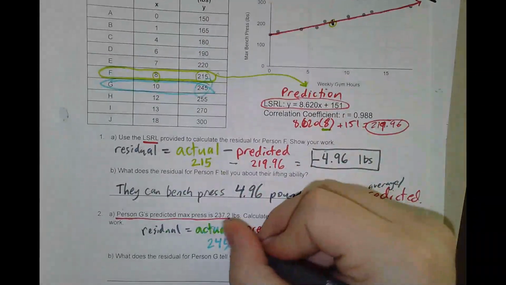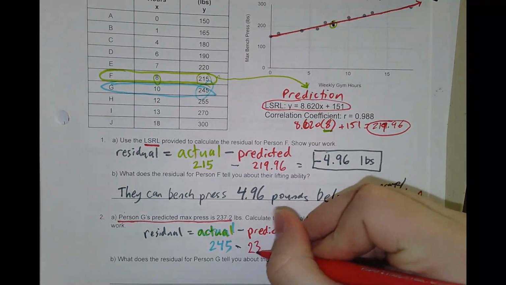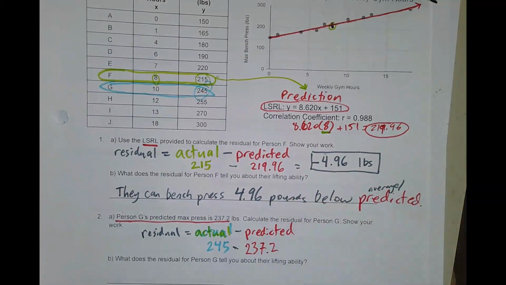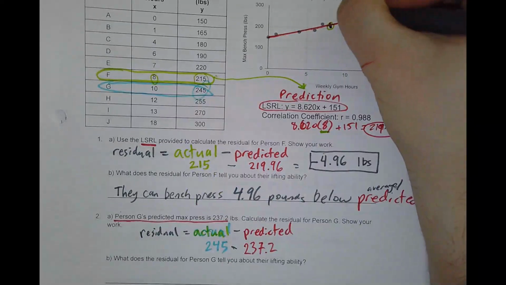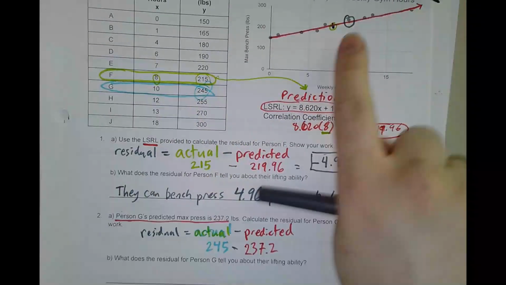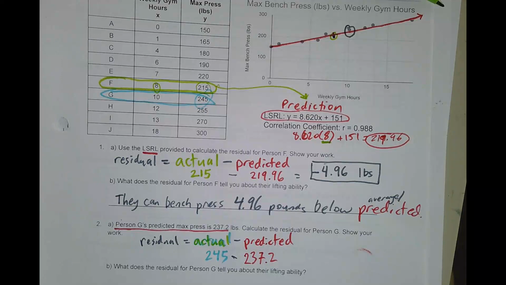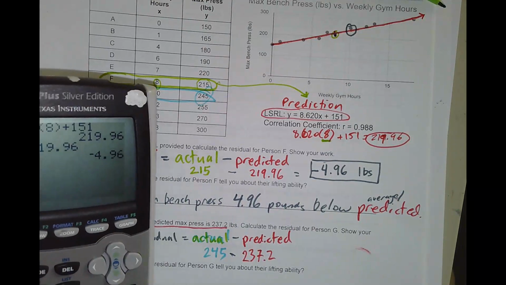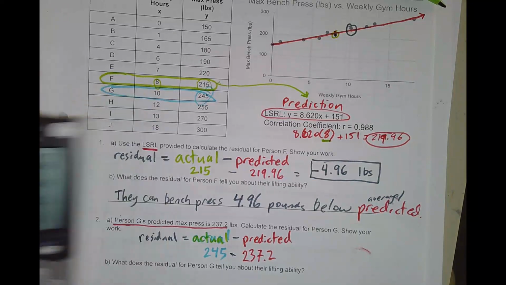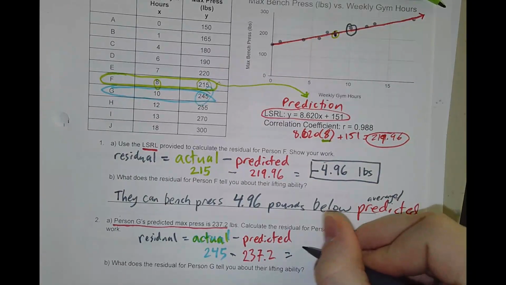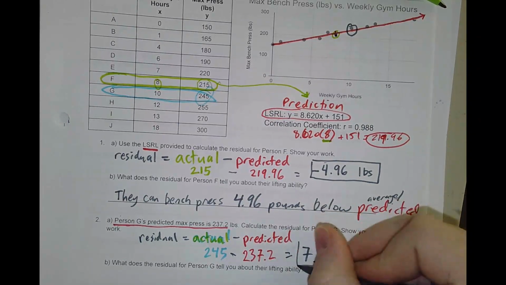The predicted y value was 237.2. If we find student G, we're talking about this section right here, where they had 10 hours in the gym. They're above the line, so let's see how far above the line it is. 245 minus 237.2 gives us 7.8 pounds. That's the residual.